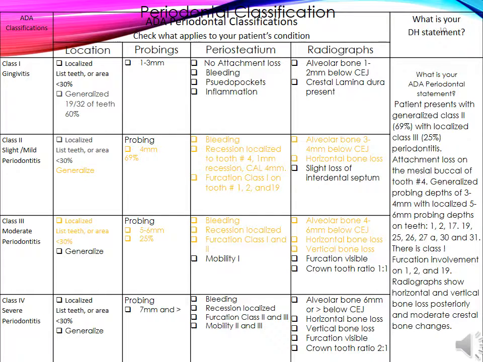Attachment loss on the mesiobuccal of tooth number 4, generalized probing depths of 3 to 4 millimeters with localized 5 to 6 millimeter probing depths on teeth 1, 2, 17, 19, 25, 26, 27, 30, and 31. There is a class 1 furcation involvement on 1, 2, and 19. Radiographs show horizontal and vertical bone loss posteriorly and moderate crestal bone changes.